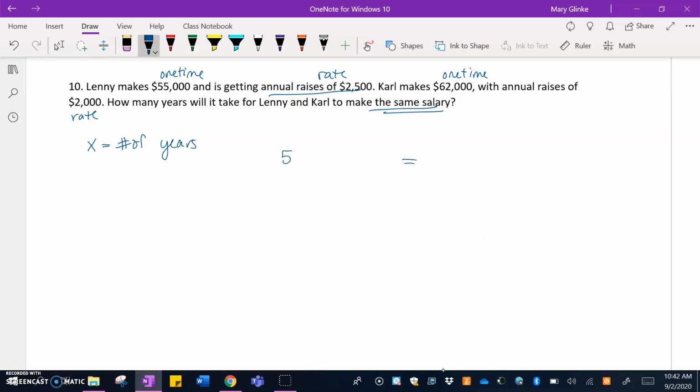So we're going to first do Lenny's salary, $55,000 plus $2,500 rate hike per year. And then Carl is $62,000 plus annual raises of $2,000 per year. And so after we set that up, we're going to go ahead and move the $55,000 over.